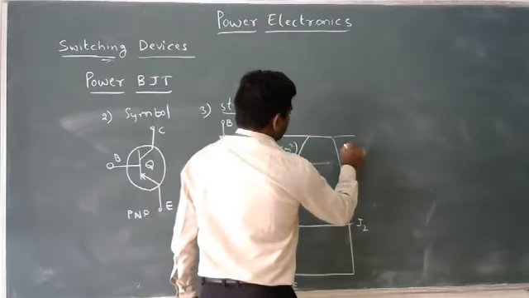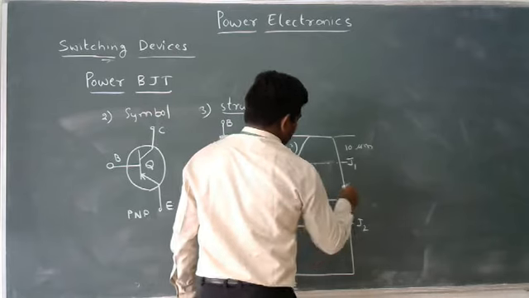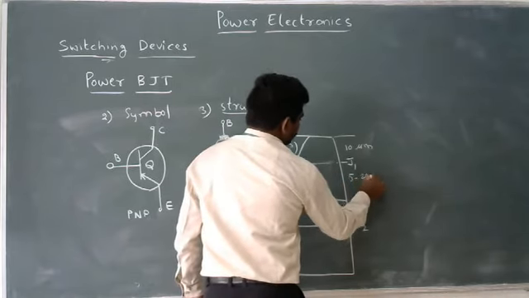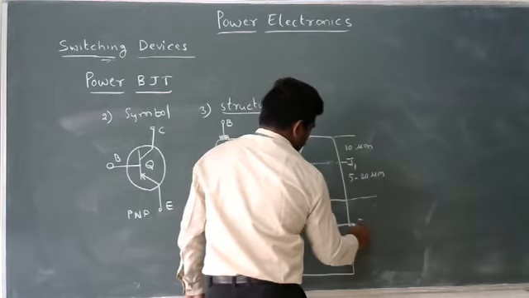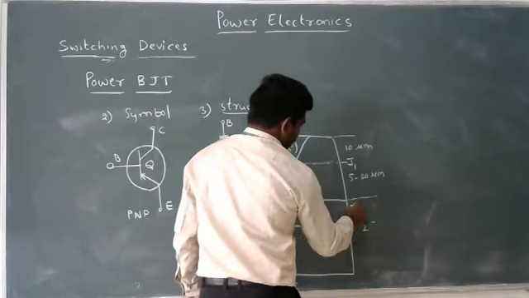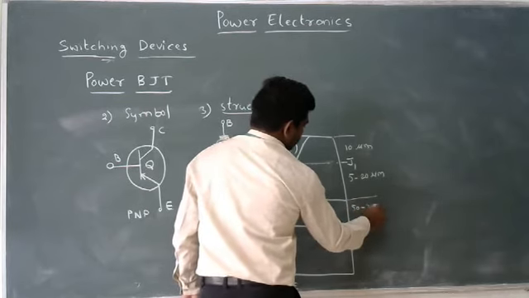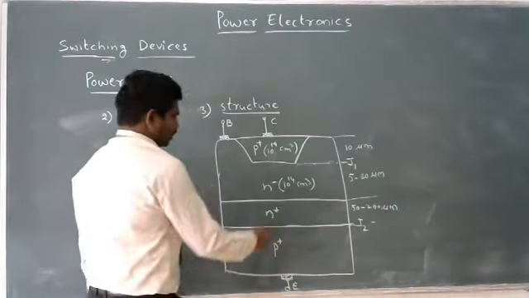This is around 10 micrometers, this is around 5 to 20 micrometers, and this is 50 to 200 micrometers.